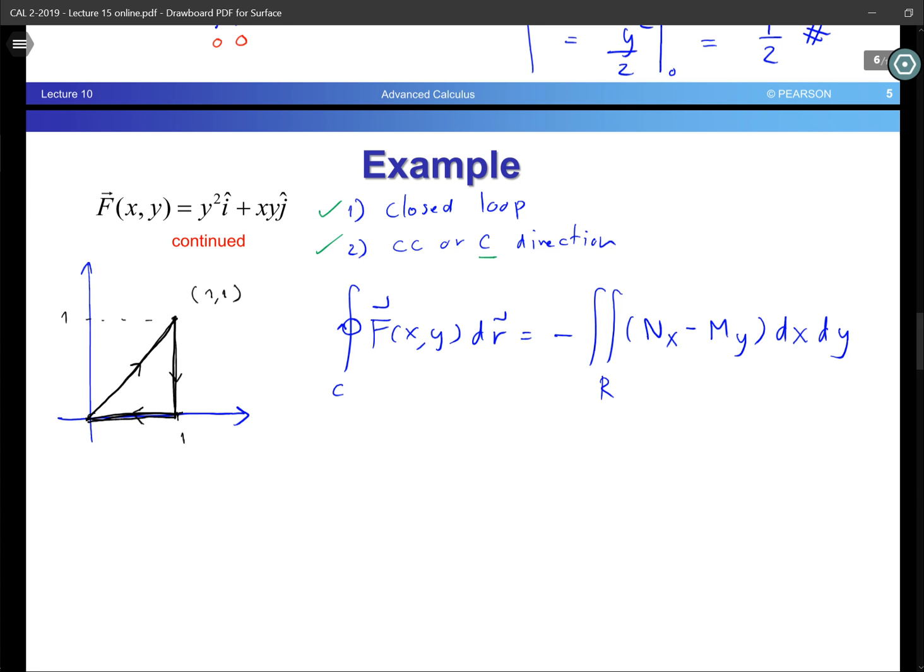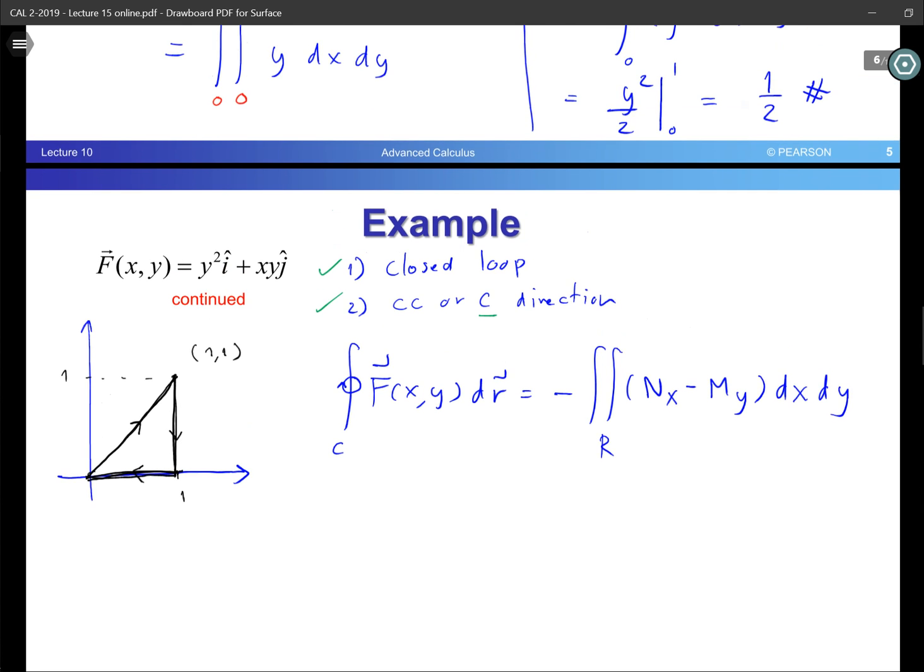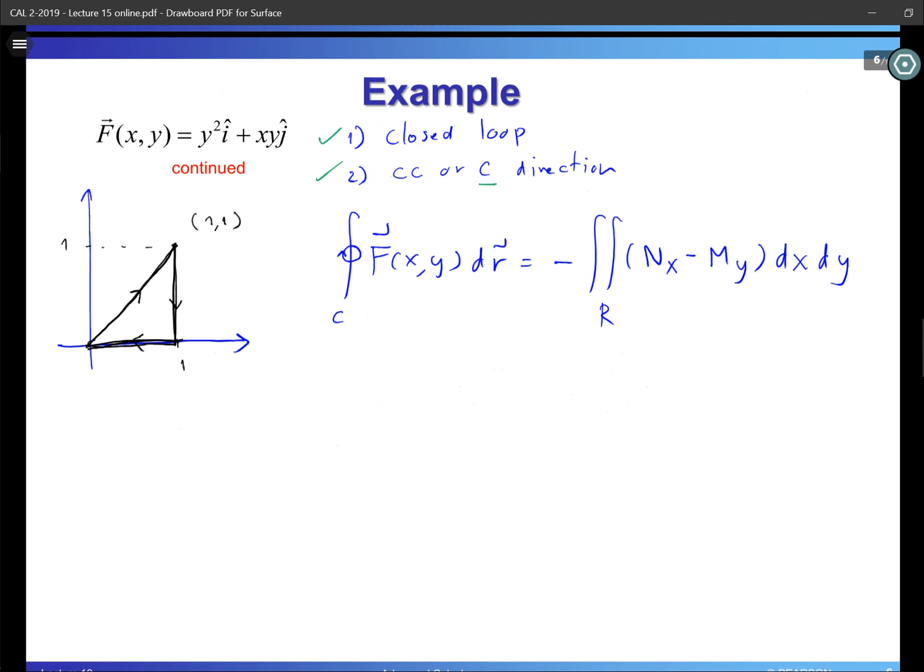Same formula, but now we have a different loop. Before we had a square, but now we have this triangular loop.